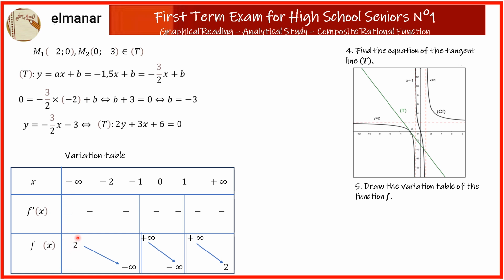As the variable approaches -1, the function sharply decreases toward -∞. Just beyond -1, the function rapidly increases toward +∞. As the variable nears +1, the function again drops toward -∞. Past the value of +1, the function rises to +∞ once more, then gradually descends back toward the value of 2.